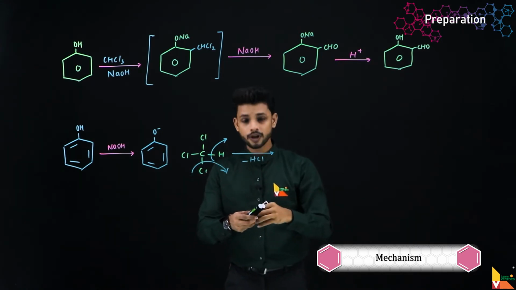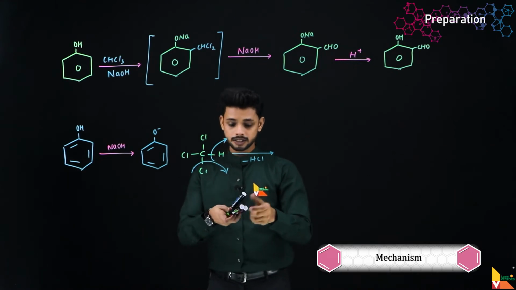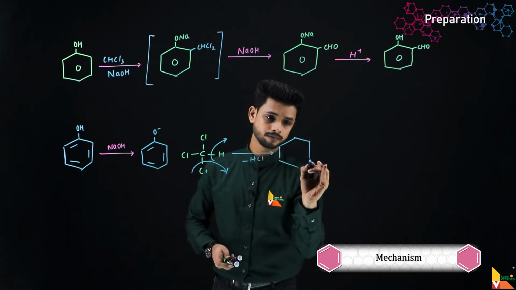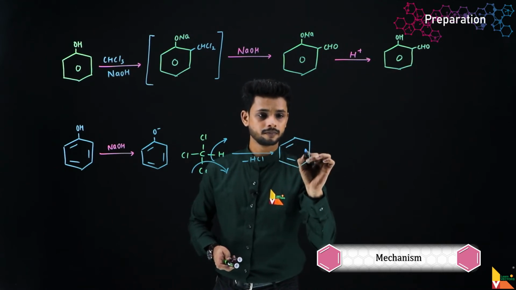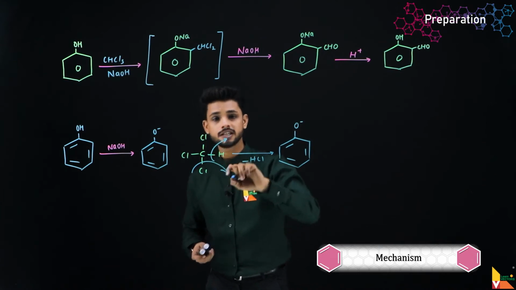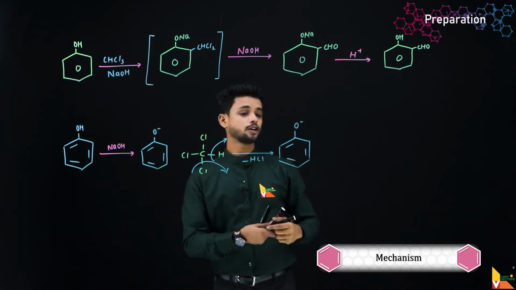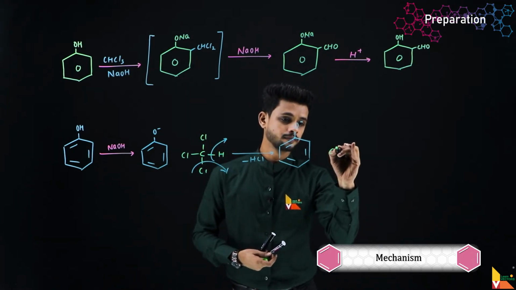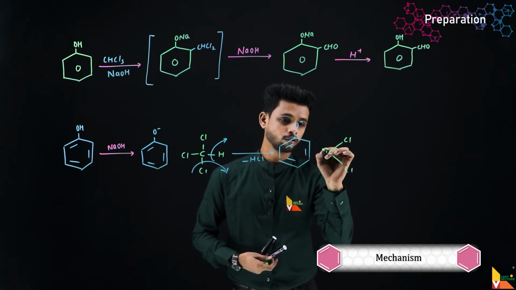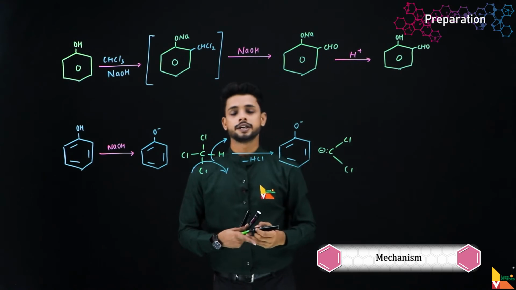The HCl is removed and what we have now is simply this compound remains as it is, O minus, and for this structure HCl is already removed, so the remaining structure looks like this with a lone pair of electrons and a negative charge.